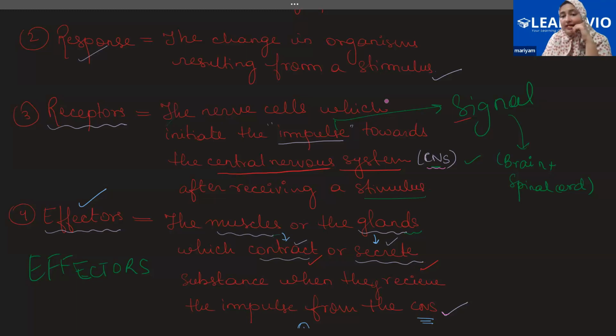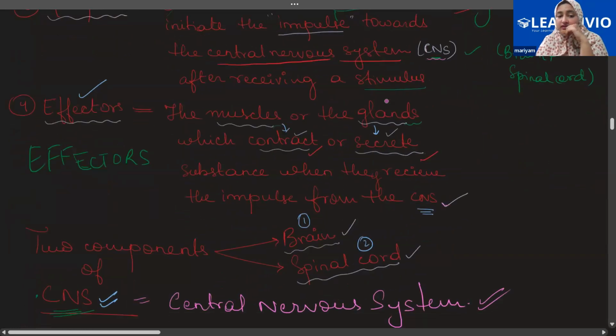No matter what action you choose, the receptors in your body take those signals of patting or anything to the brain and the spinal cord, meaning the central nervous system, the system that is responsible for all the control and coordination activities of our body. As soon as the stimulus is received, the receptors take the signal to the CNS.